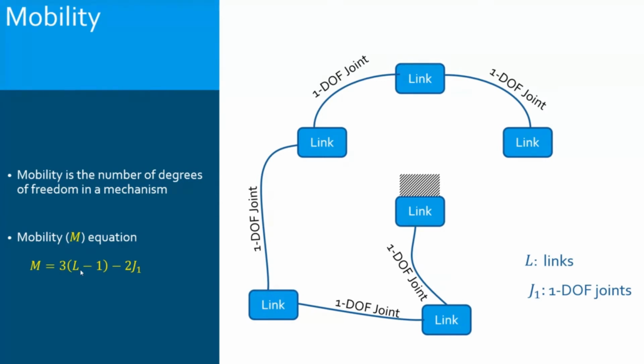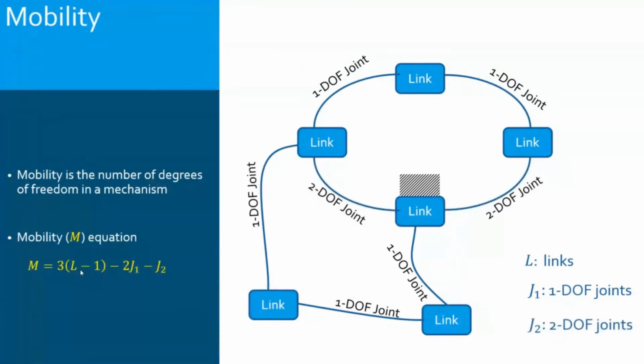Now, likewise, if I also use some higher pairs that allow 2 degrees of freedom, they block 1. So this one, for example, blocks only 1 degree of freedom, so it consumes only 1. This one consumes 1. For this example schematized here, I have canceled 2.